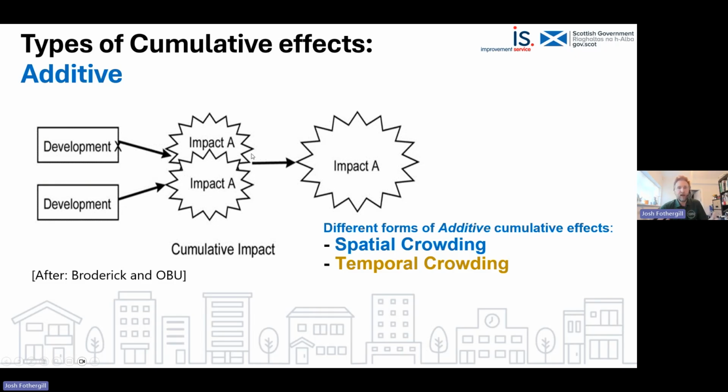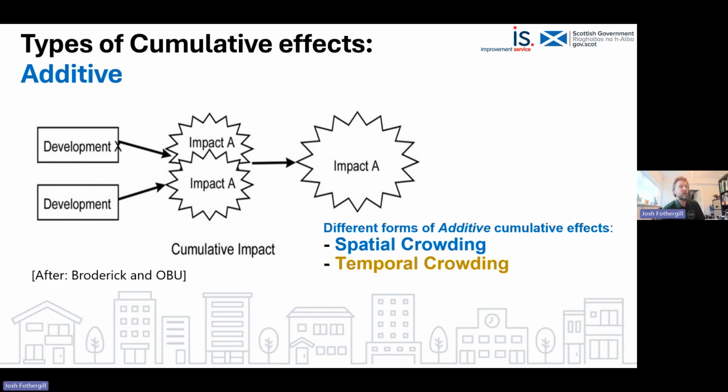So, they're going to take away some kind of mixed grassland, or they're going to have particular noise impacts on a community, or they might have some setting impacts on a heritage feature. They're both having impacts onto that same heritage feature or that same receptor.